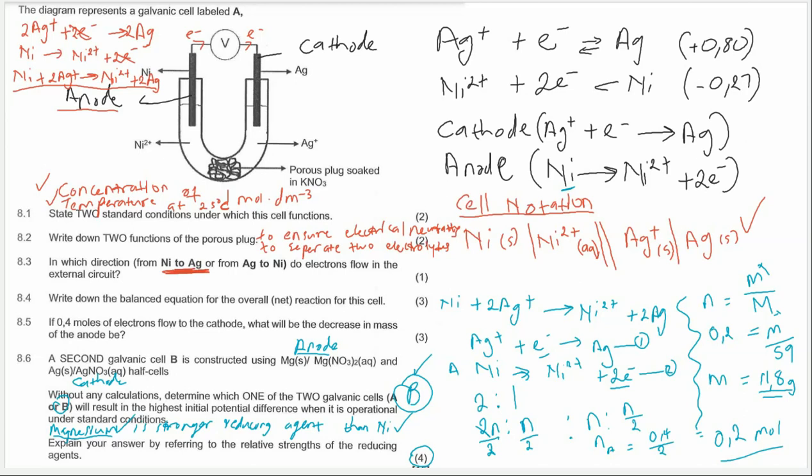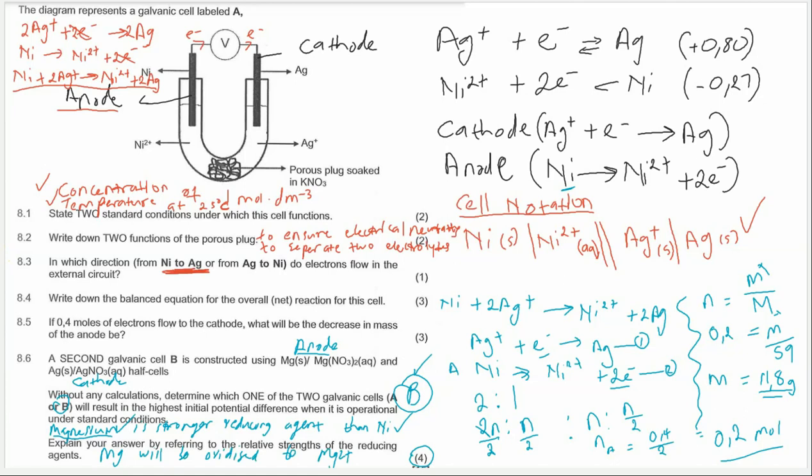And then that means magnesium will be oxidized to Mg2+. So obviously if we talk about the anode, we will say that the metal is being oxidized to an ion. So you will actually end your statement by saying Mg will be oxidized to Mg2+.